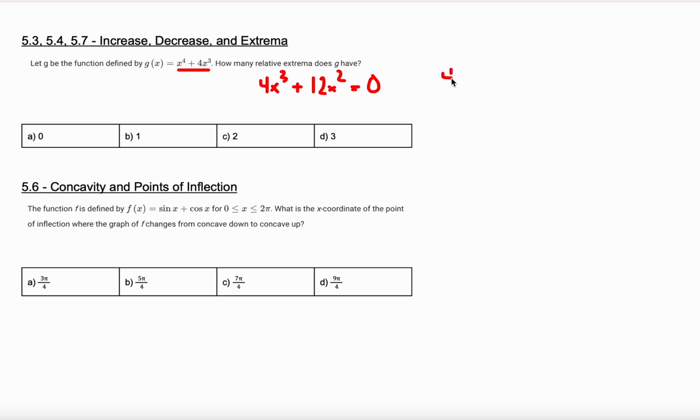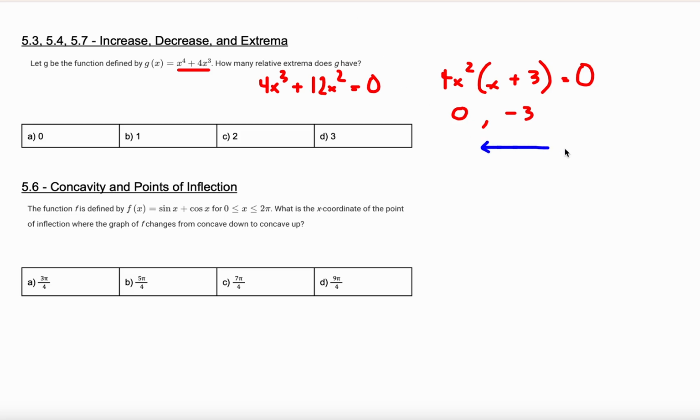If I take out a 4x squared, I am left with x plus 3. And that only actually gives me 2 x coordinates. And that would be 0 and negative 3. So that's 2 critical values, potentially 2 relative extrema.